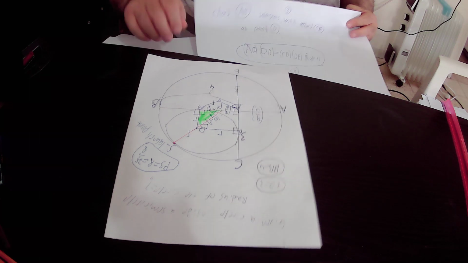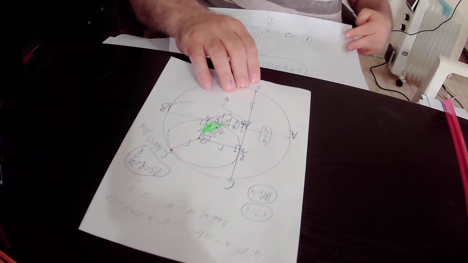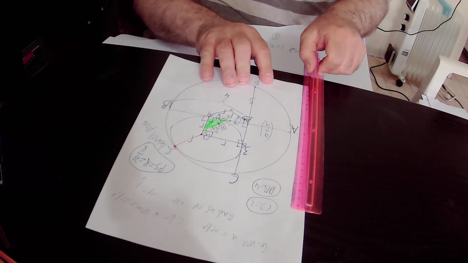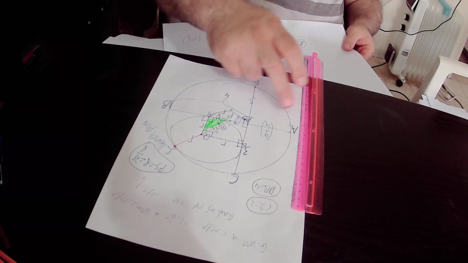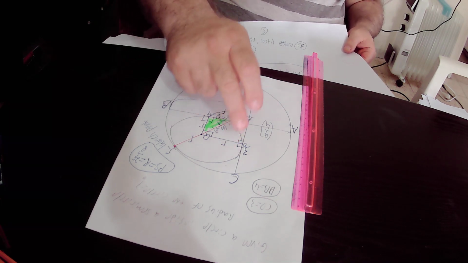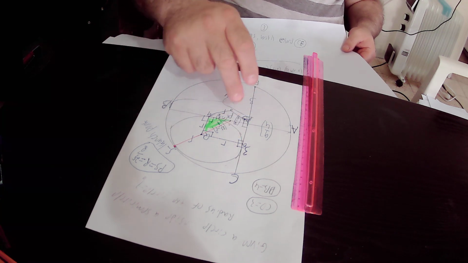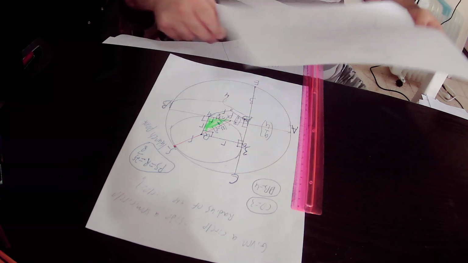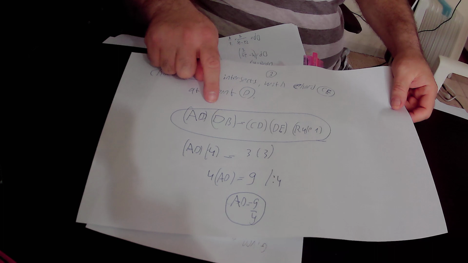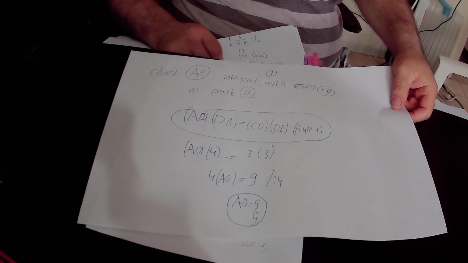Therefore, according to rule number 1, we get that AD times DB equals CD times DE. Again, AD times DB equals CD times DE.